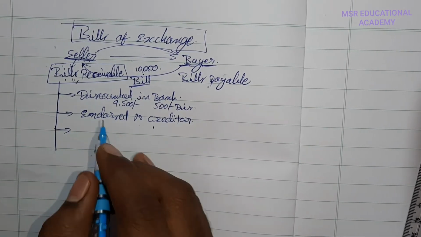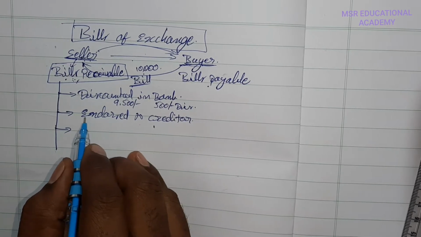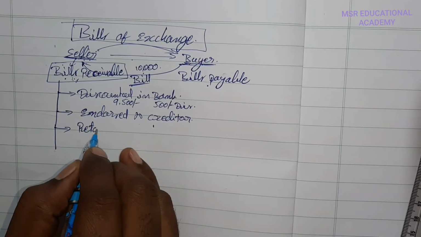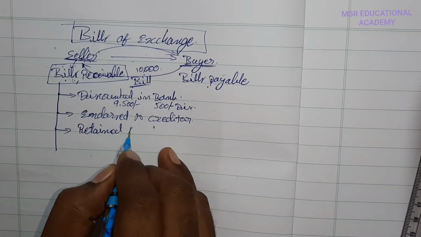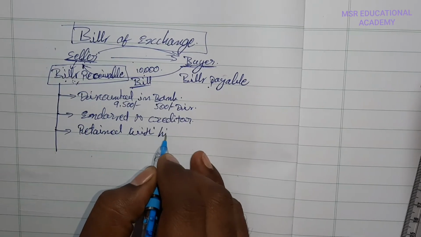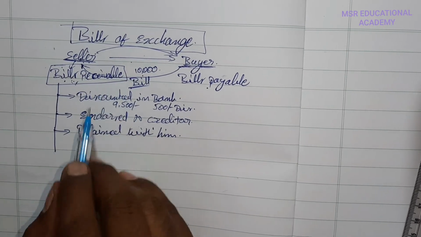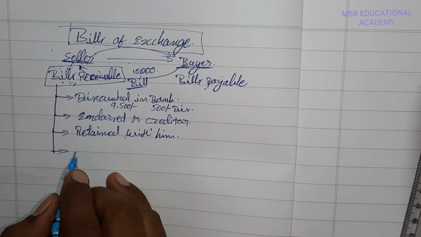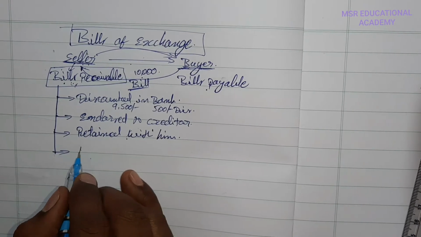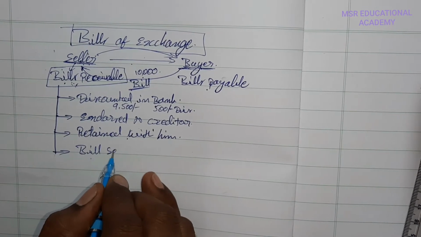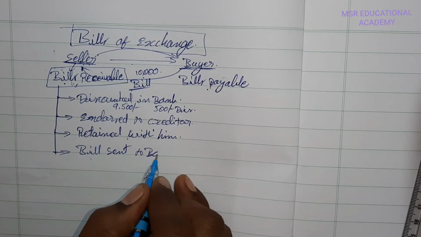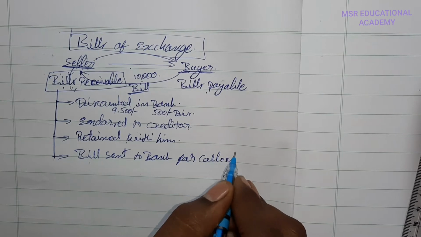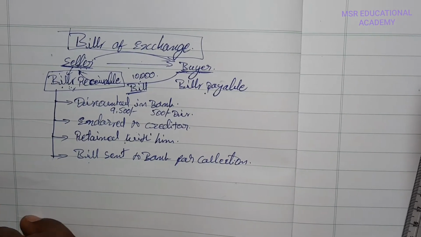Another one, he can retain it with him until the bill due date; he keeps it with him. Next point, the bill is sent to the bank for collection. These are only the 4 points.